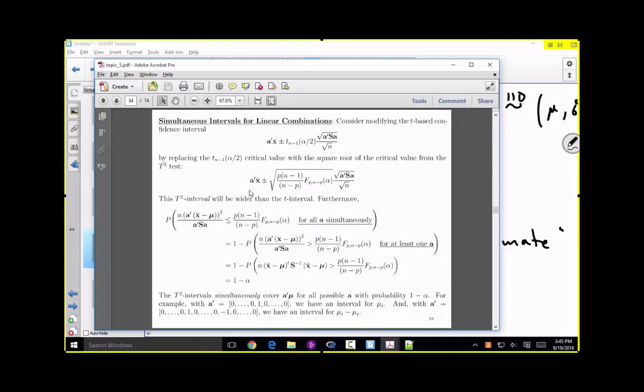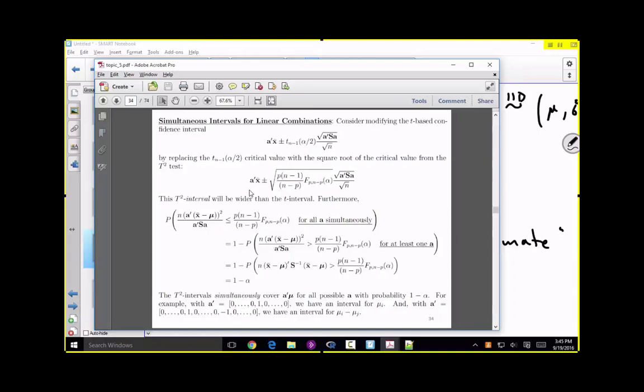That means that if you were to resample data like yours many times, and every time you constructed these p intervals, 95% of all those resampling efforts would result in p intervals that all contain the truth.